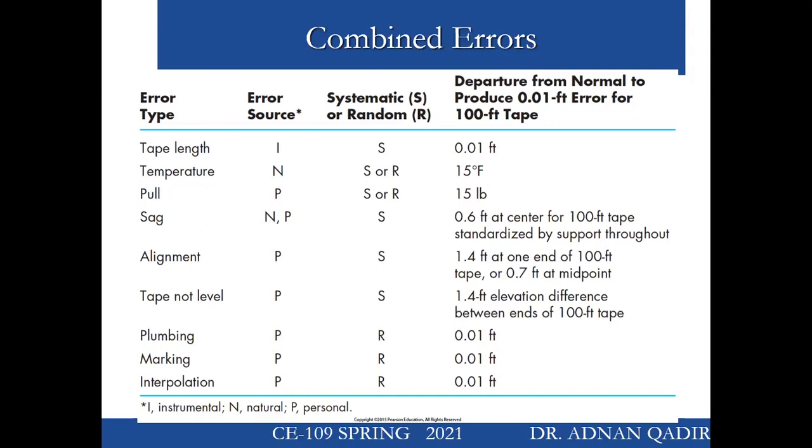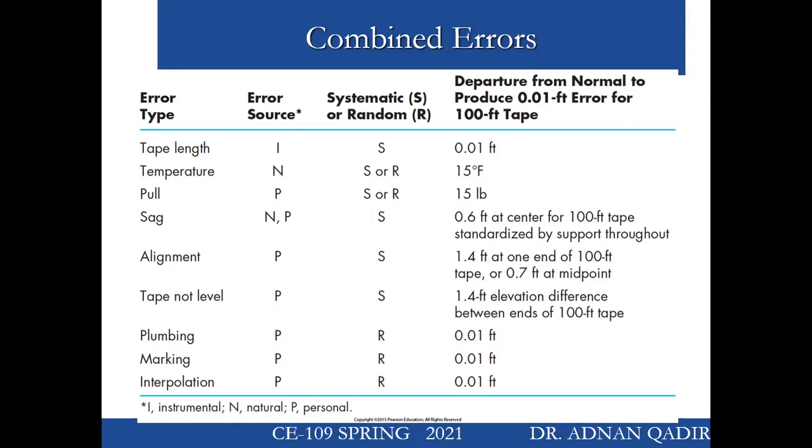Tape length, you have 0.01 feet as the least count. Temperature is 68 degrees Fahrenheit. This is the temperature at which the tape is manufactured. The standard pull is 15 pound. Then the sag is 0.6 feet at the center for 100 feet tape length. This is how your distance varies. Alignment is 1.4 feet at one end of 100 feet.